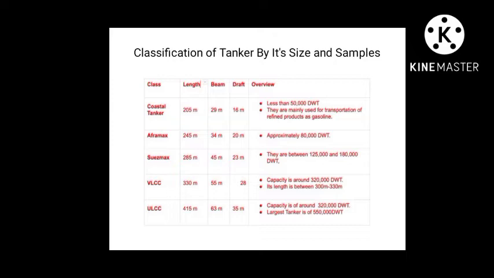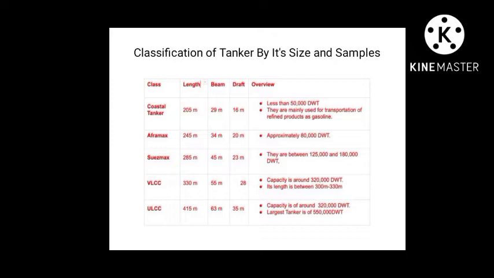The VLCC, its length is 330 meters, beam 55 meters, draft 28 meters. Overview: its capacity is around 320,000 deadweight tons, and its length is between 300 to 330 meters.